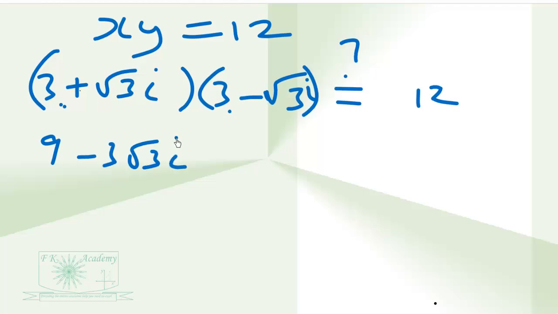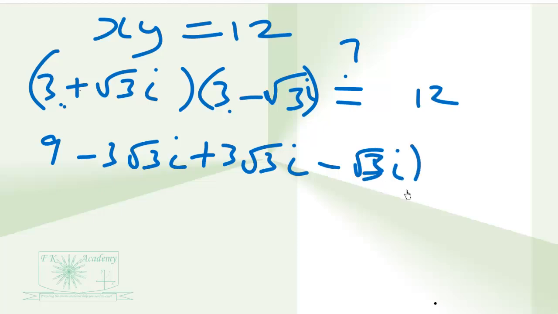Then we have positive 3 root 3i. Then root 3i times negative root 3i. So that gives us negative root 3i squared. Is that equal to 12?